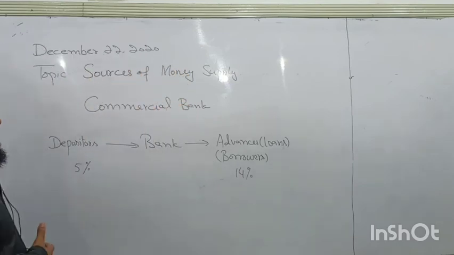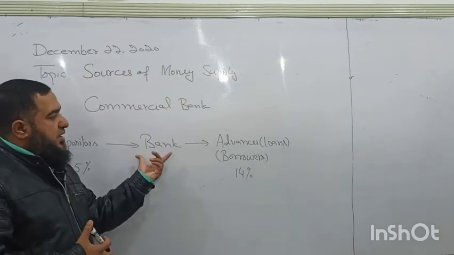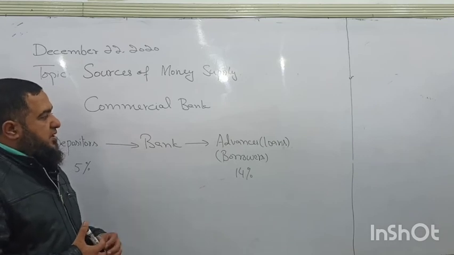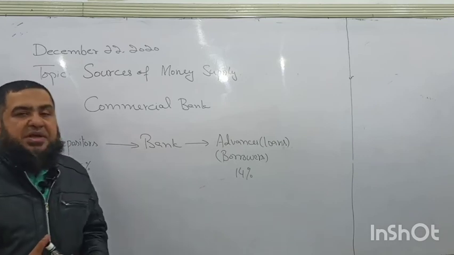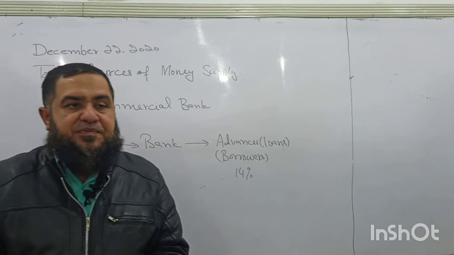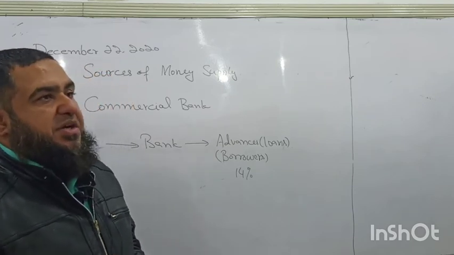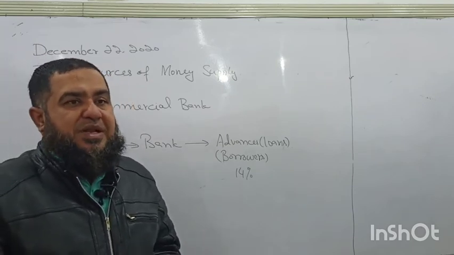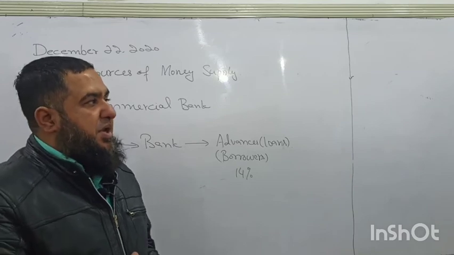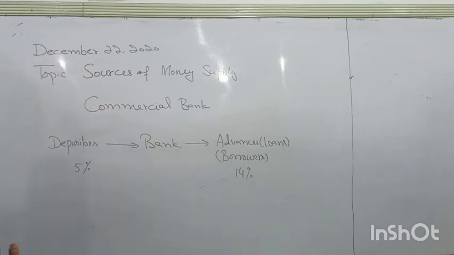After that money is used, the rest will be the profit of the bank. Actually, a bank is like a shop where money is dealt. Instead of commodities, this is a part of the money market where money is borrowed and lent by the bank. So this is called a commercial bank.